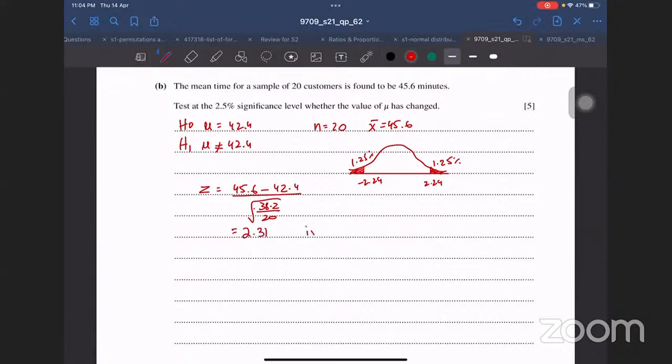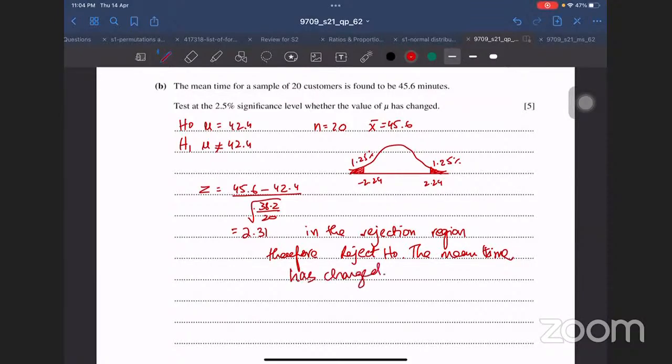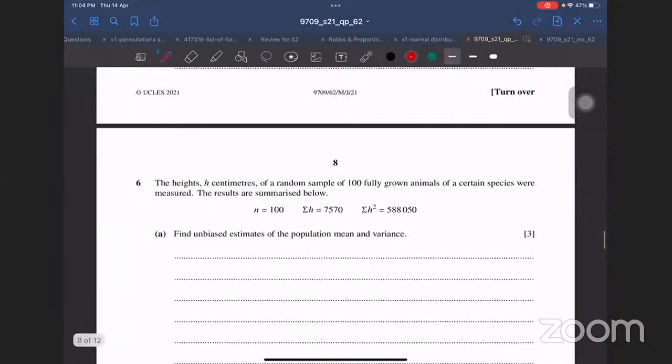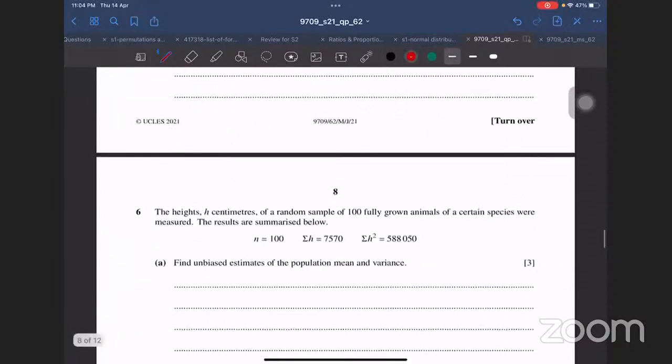So it's in the rejection region, therefore reject H naught. The mean time has changed. Okay.